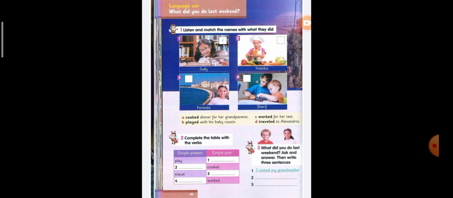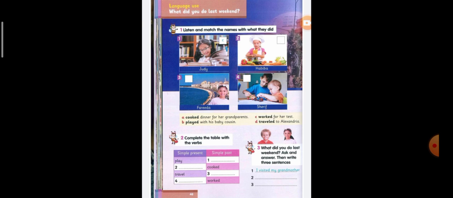Number two, we have cooked. Cooked in the past, so the verb in the present will be cook. Number three, travel. We said before we will put ed. Traveled. Number four, worked. We have here the past and the present will be work.